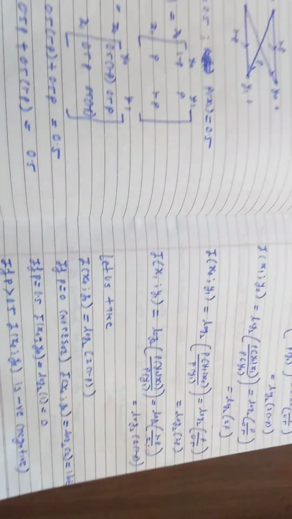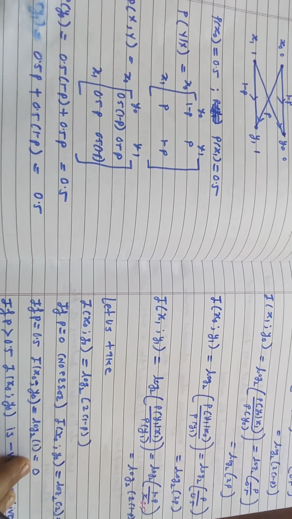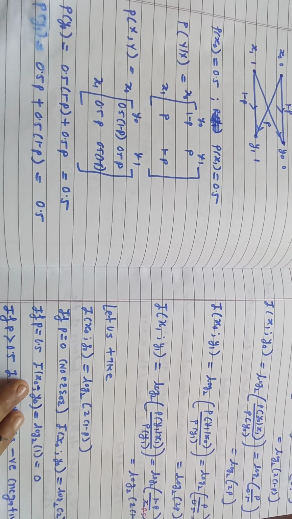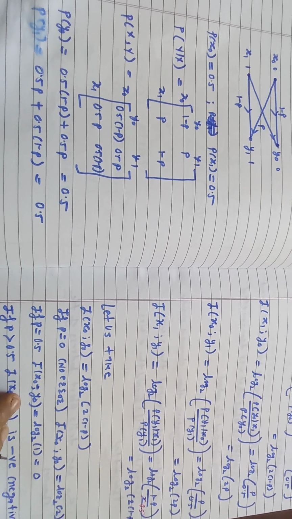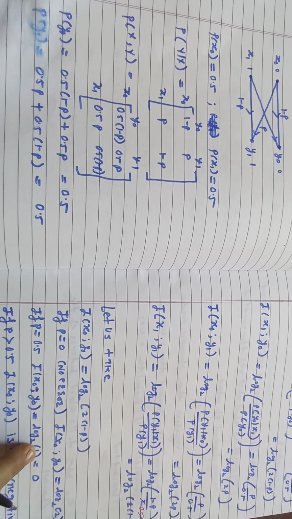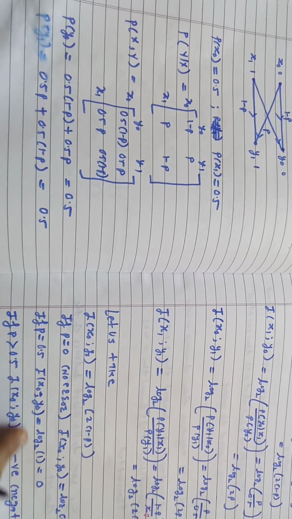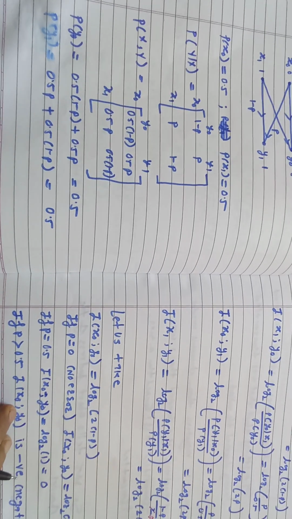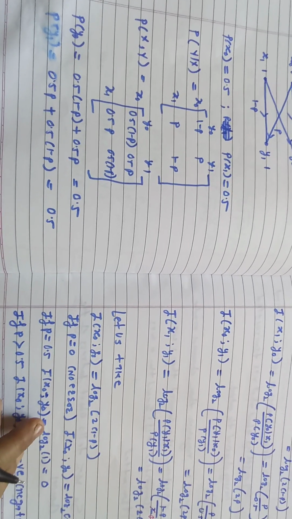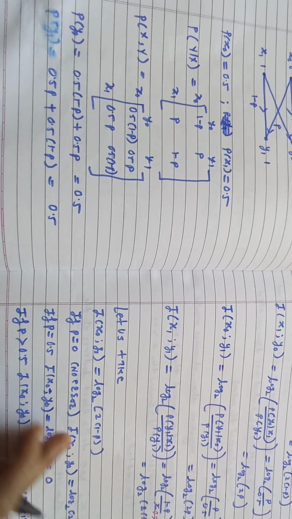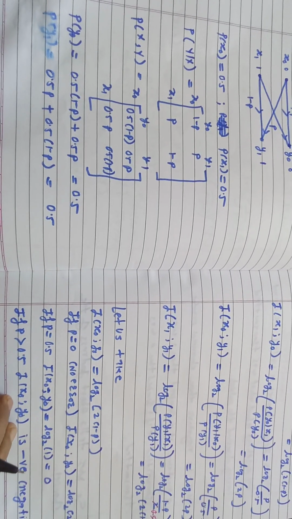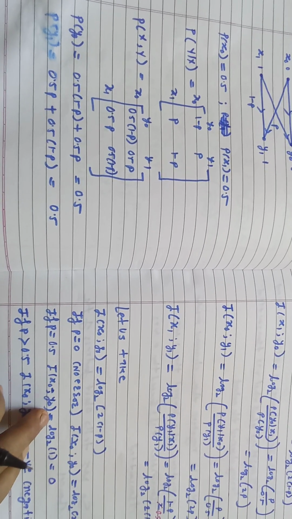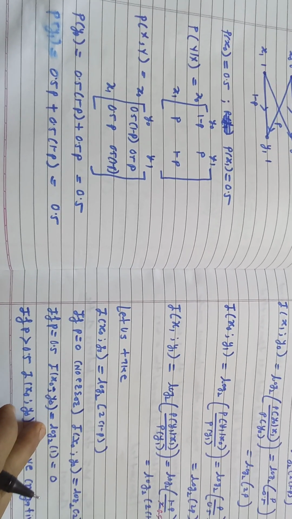If it is 0, the channel is not providing any information about what was sent, because mutual information is 0. That means you cannot say anything about what was sent after seeing what is received. So this channel is a useless channel.